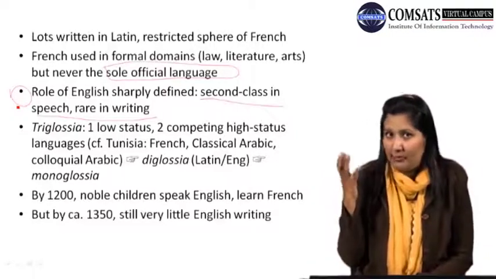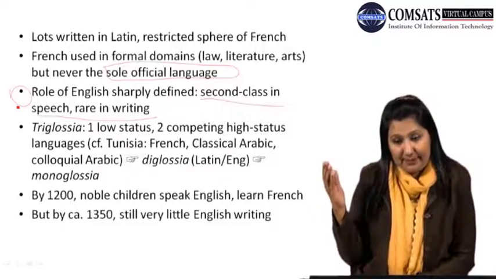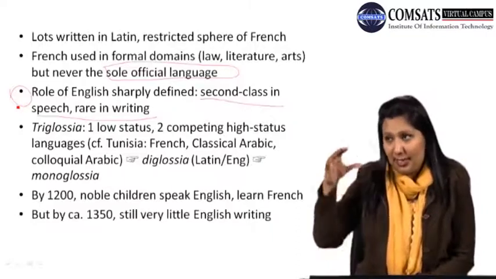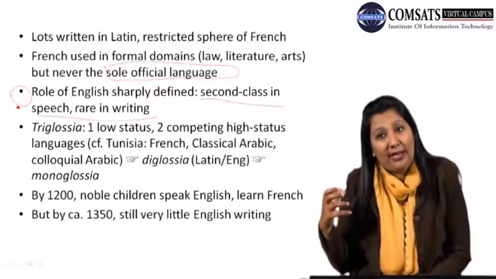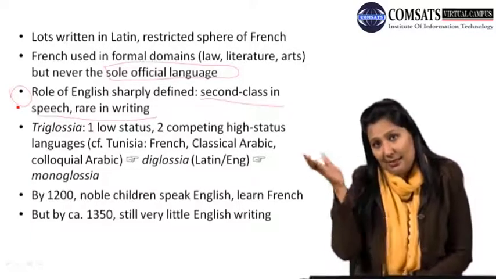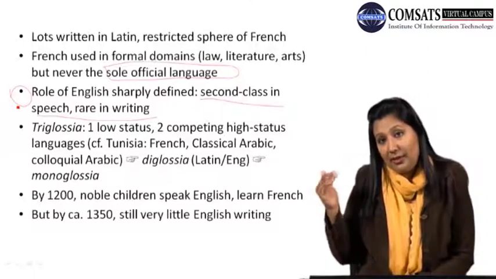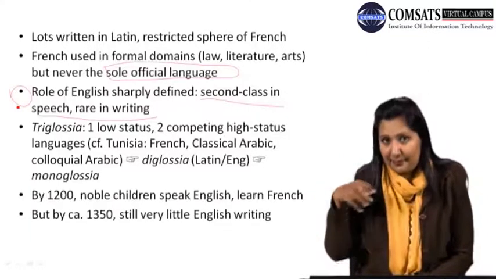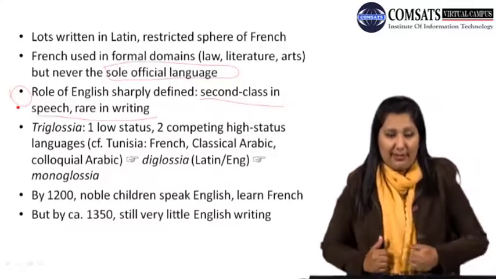First class was French, being the language of academia and church. English comes on the second level in speech and is rare in writing because firstly comes Latin, then French, and then perhaps English. This was the status that was prevalent at that time.